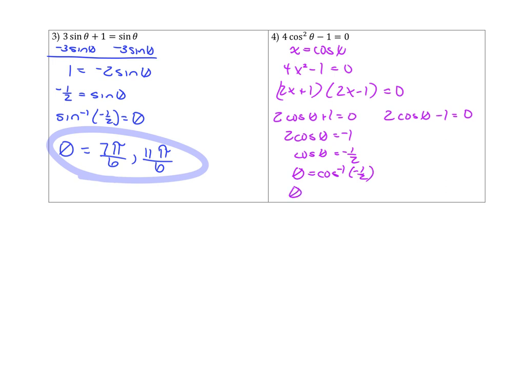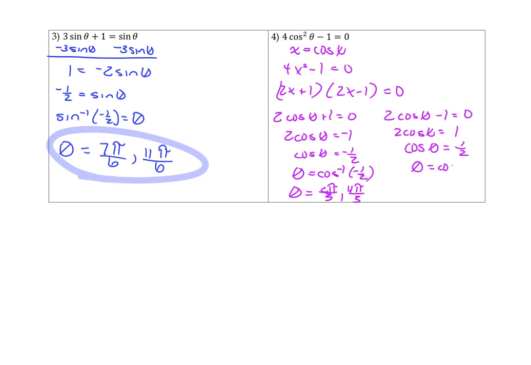So when is cosine negative? That is in quadrant 2 and quadrant 3. So cosine negative 1/2 is at 2 pi over 3 and at 4 pi over 3. Now the other one, I'm going to add 1. So 2 cosine theta equals 1. Divide by the 2, and I get 1/2.